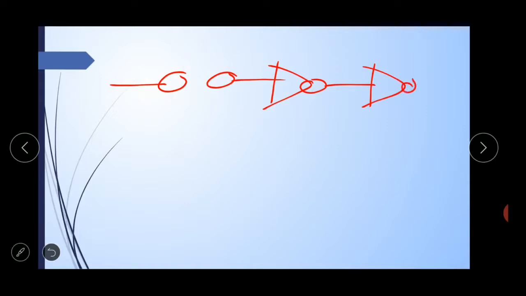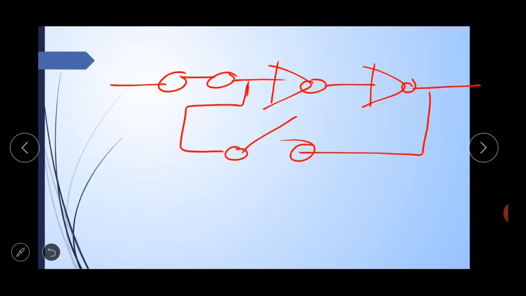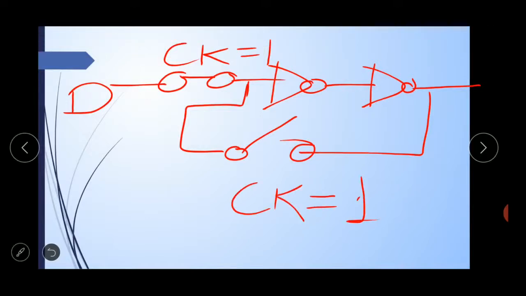So we can draw the diagram like this. D, this one is CK equal to 1, here also CK equal to 1, and here is the Q. So when CK equal to 1, the circuit is like this.